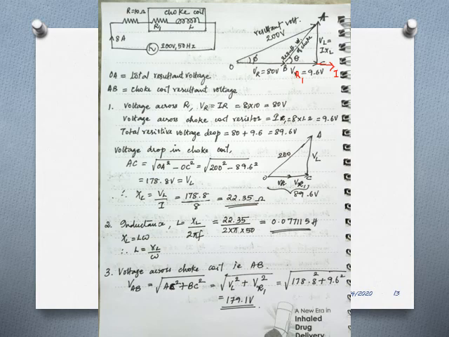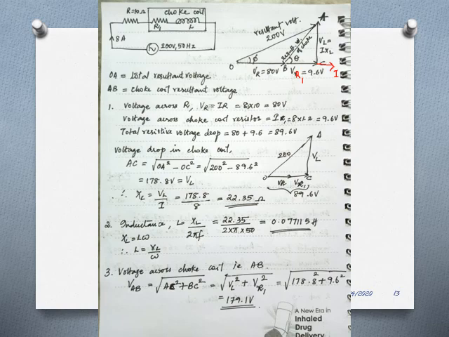In order to get the AC term, you have to consider the outer triangle. I have again drawn that phasor diagram, a second phasor diagram with OC, AC and OA. OA is nothing but the applied voltage 200 that you already know.